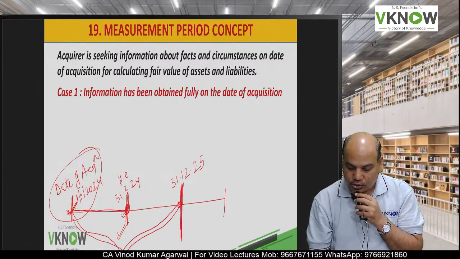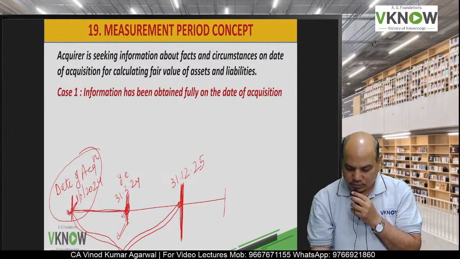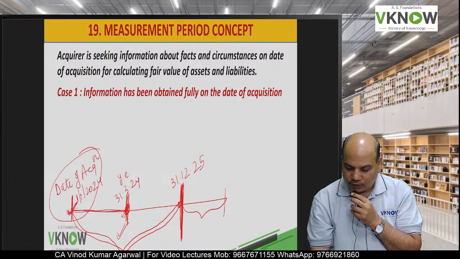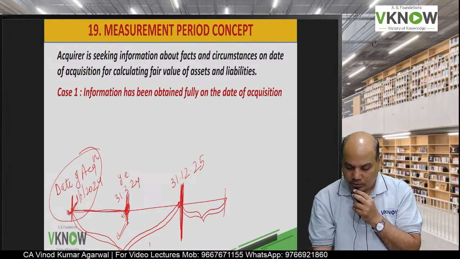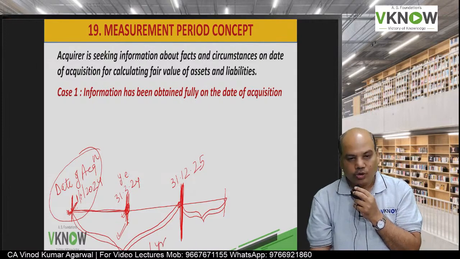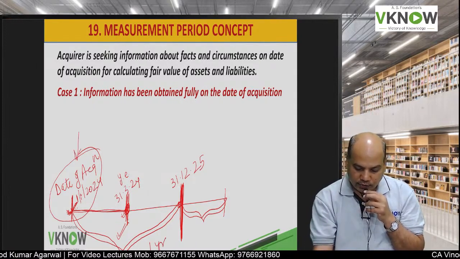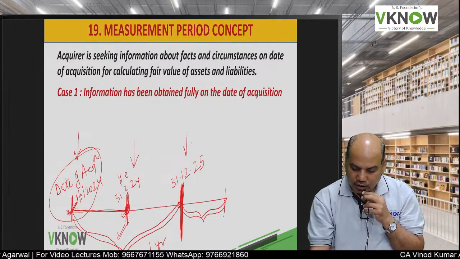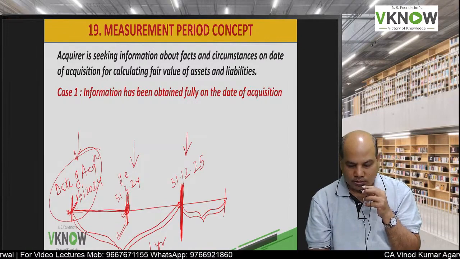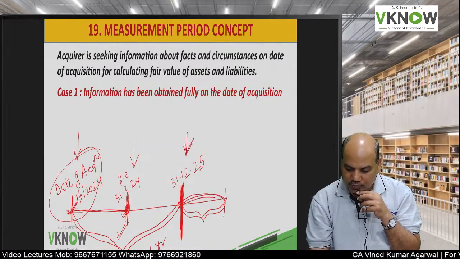But if you are not able to find out the fair value even in 1 year time span, but you can find out the fair value after 1 year is over, what will be the accounting treatment? So these are the situation we are going to discuss on the date of acquisition, on the first year ending date, after completion of 12 months, and then after that date.